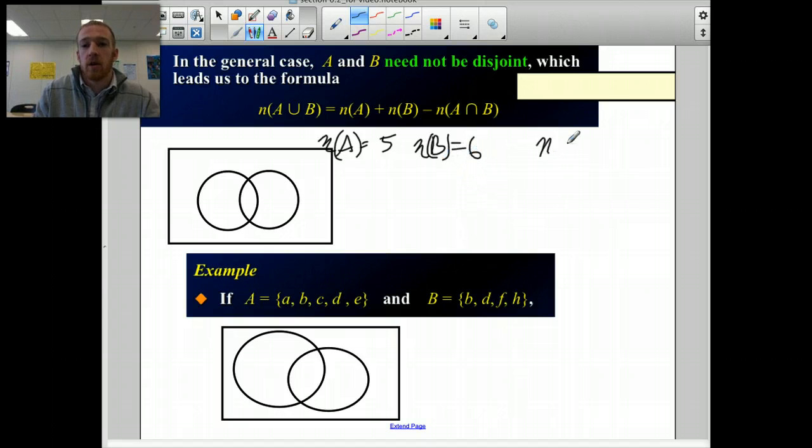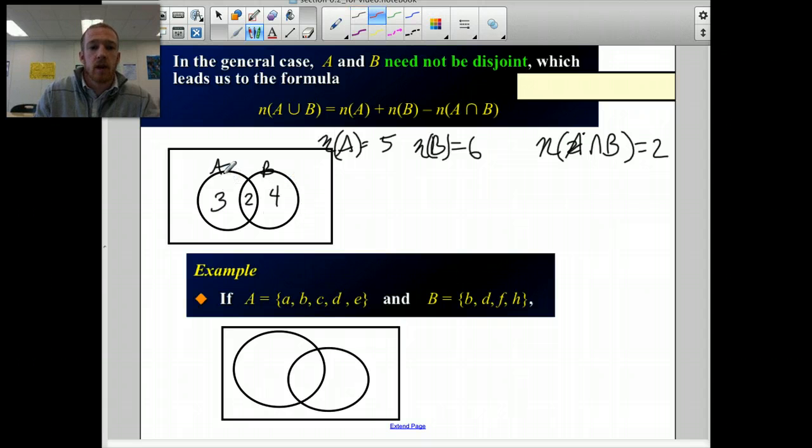But let's say that there are 2 things that are in A and B, so that's the intersection. Of those 6 in B, we've already counted 2, so there's 4 that are in B but not in A. And there are 5 things in A, but we already counted 2 of them, so there's 3 that are just in A, not in B.